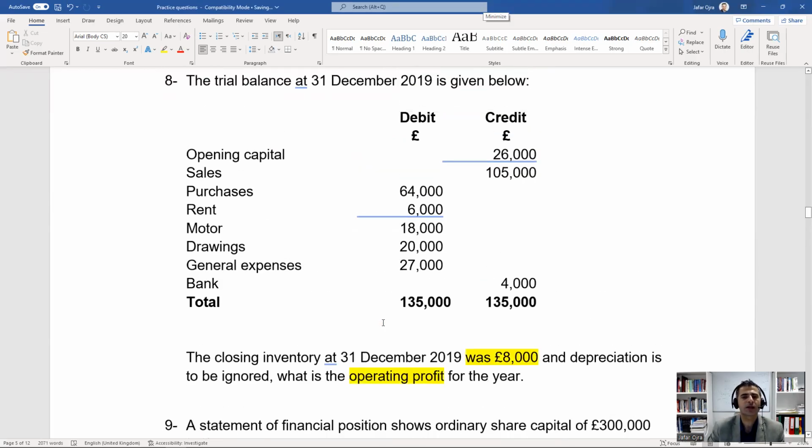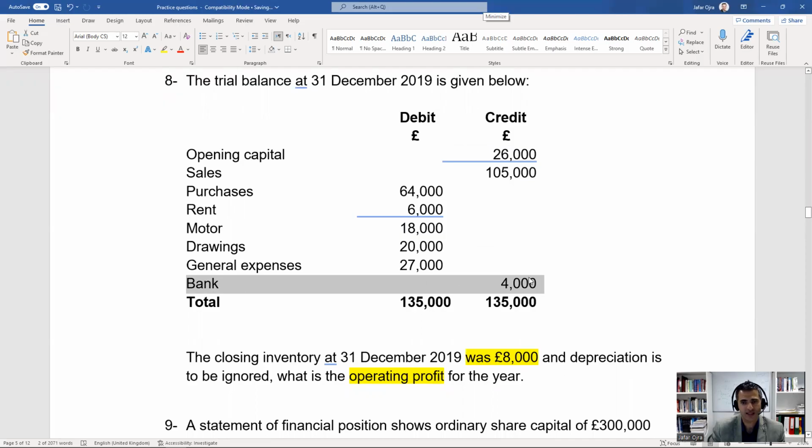Remember in question number 8 that there are some accounts which are not relevant, such as opening capital. Motor vehicle is not relevant. It's a fixed asset, not relevant to expenses or income. Drawings is not relevant. It's in the equity. And bank is not relevant also, because bank is in the statement of financial position.